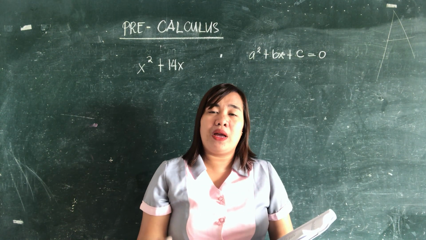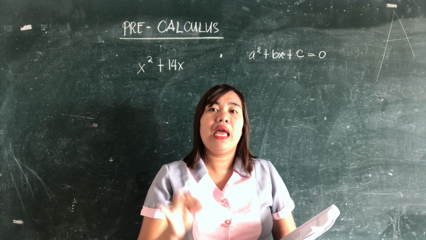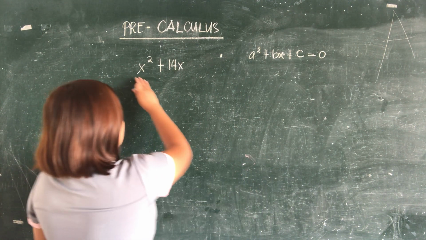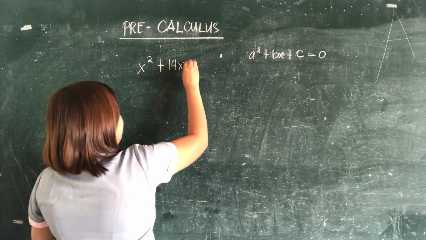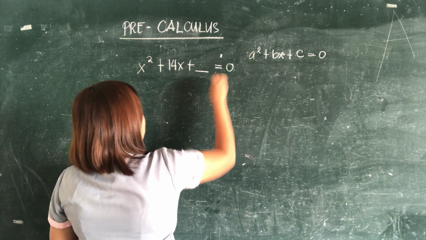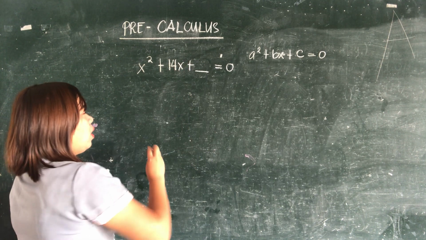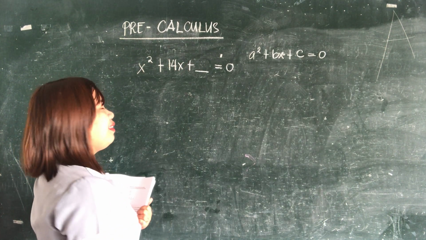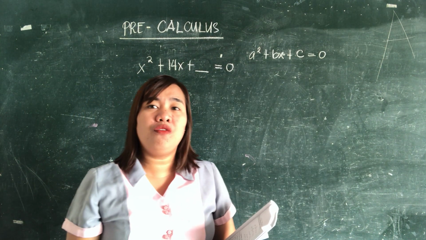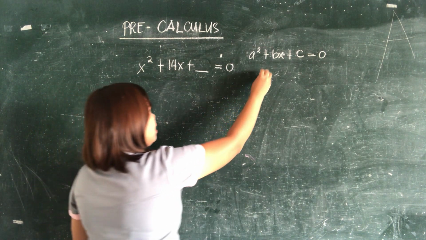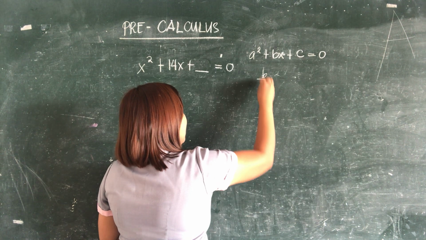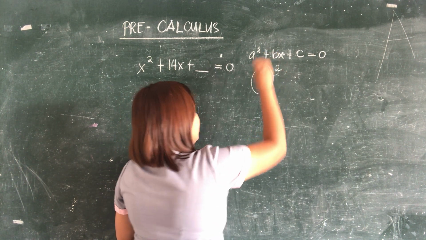Then you can identify the values now for a, b, and c. So on this example here, x squared plus 14x plus blank equals 0. For you to complete the square, all you have to do is get half of the value of b. So yung b natin dito ay 14, or positive 14. Get half of that, then square the answer.